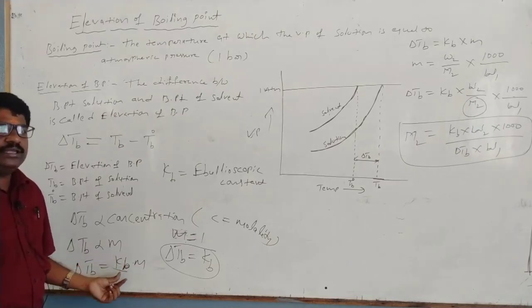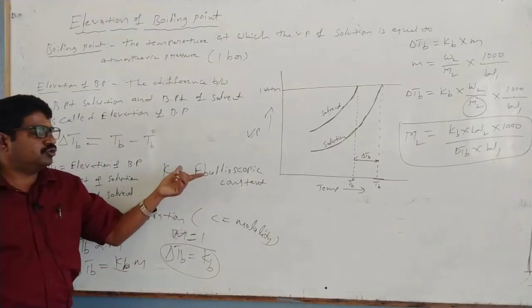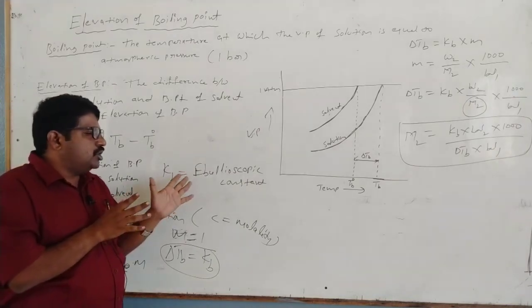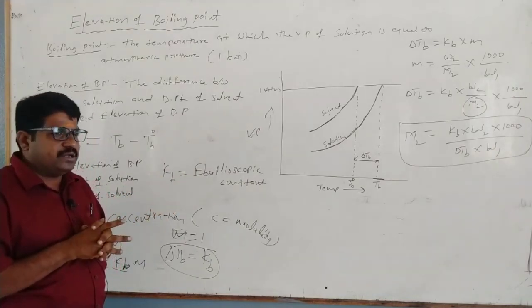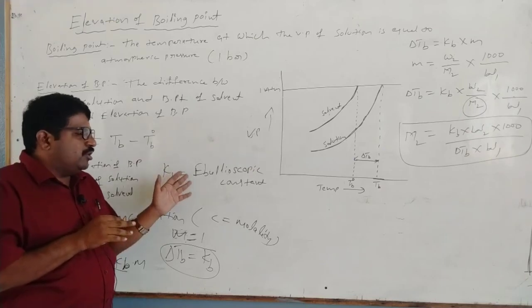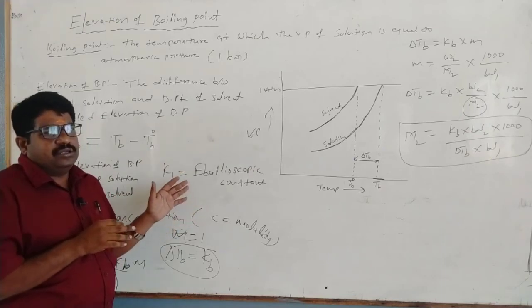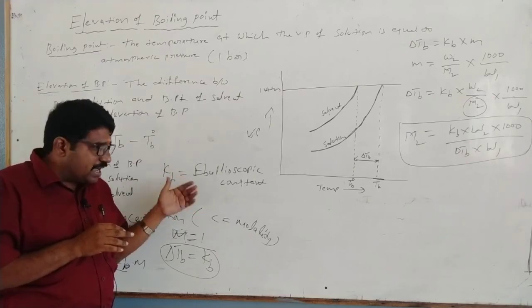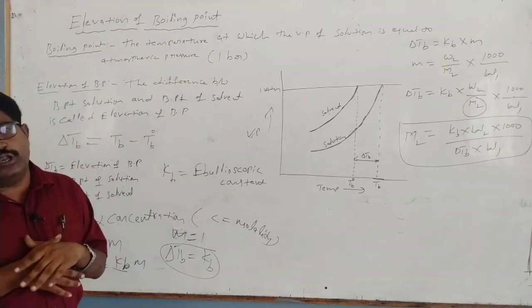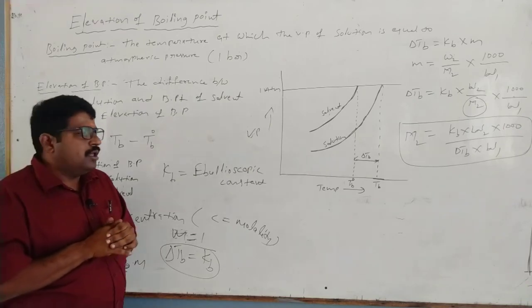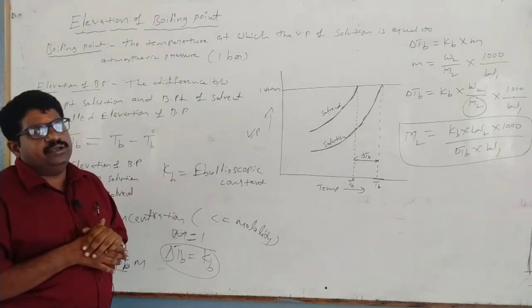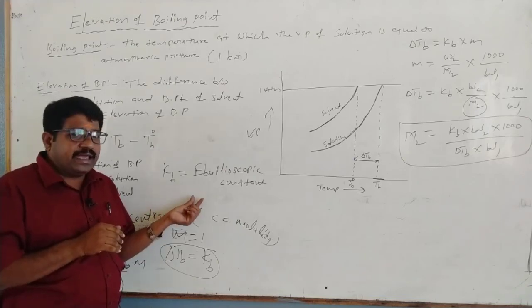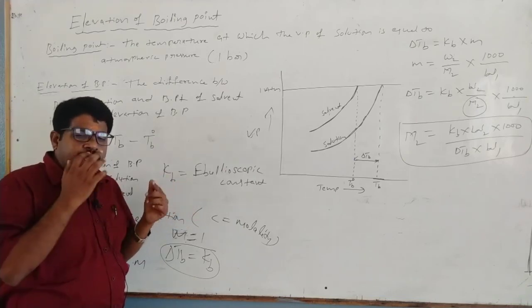Here Kb is called the ebullioscopic constant. It arises when 1 mole of solute is dissolved in 1 kg of solvent.